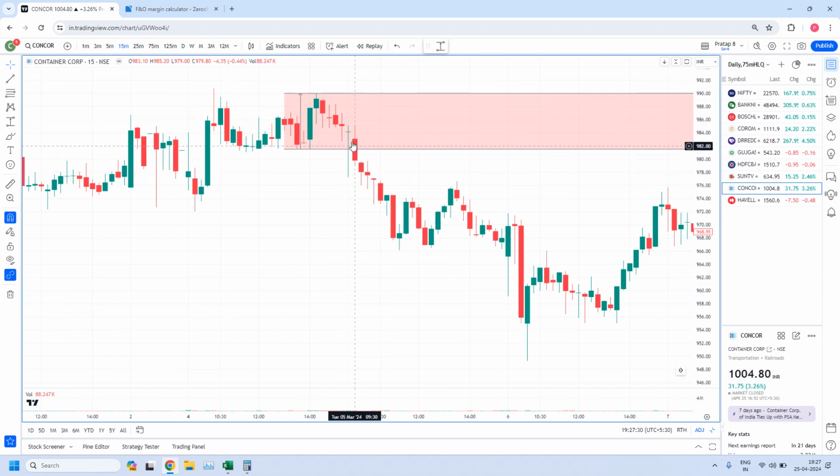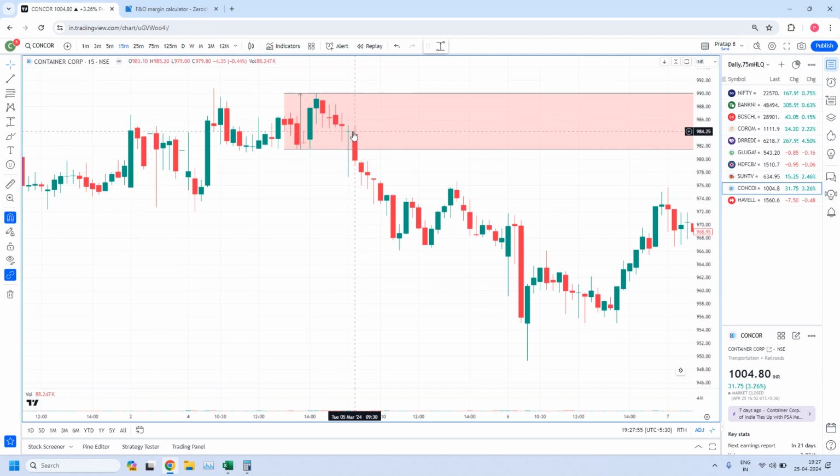See, all this is the ERC candle. Very huge ERC. And this ERC you can't use as a leg out, because this is a rally related ERC. It's not a drop related ERC. If it were a drop related ERC, definitely you would have considered this as a leg out.